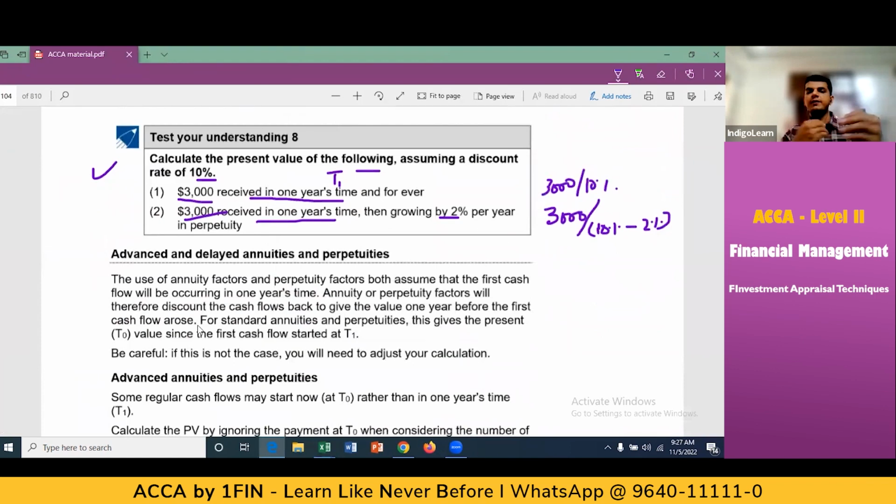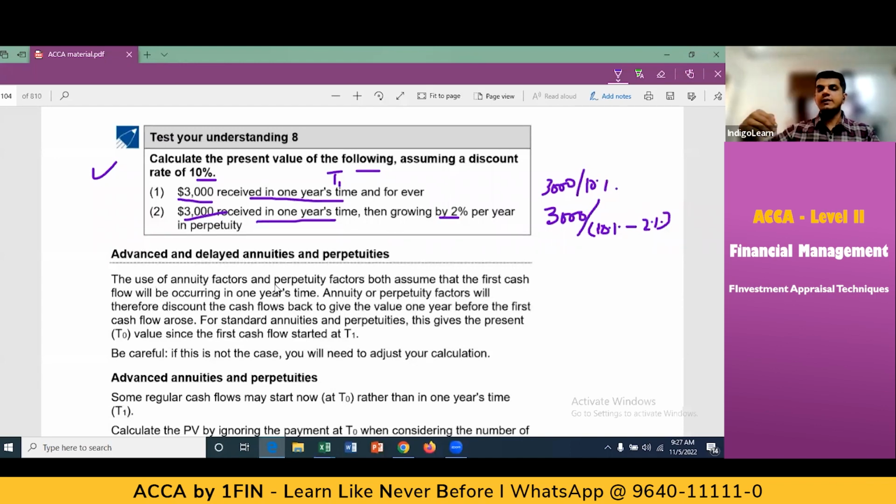Now going to advanced and delayed annuities and perpetuities. So how to calculate advance? Advance means the annuity begins immediately. Right now what we are assuming is the annuity we will be getting after year 1, that is at T1. Now the question will modify accordingly. Once you get more mature in this chapter, you will get to know different types of questions. Suppose I am receiving the amount immediately, or suppose I am receiving from T5, means year 5 we are getting the amount, then how to calculate the present value.